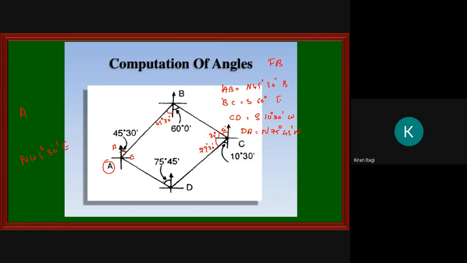If this is 79, here it will be 10 degree 30 minutes. So this is how we have calculated the angles. Interior angles.